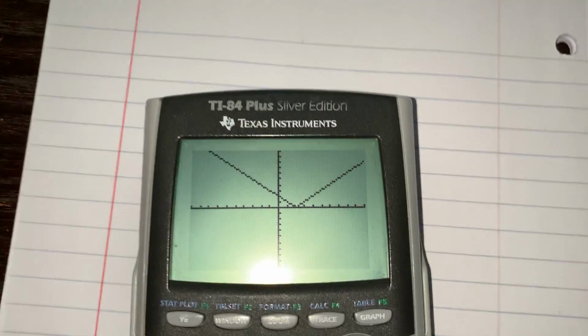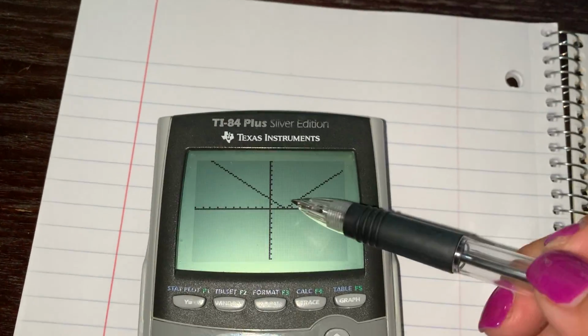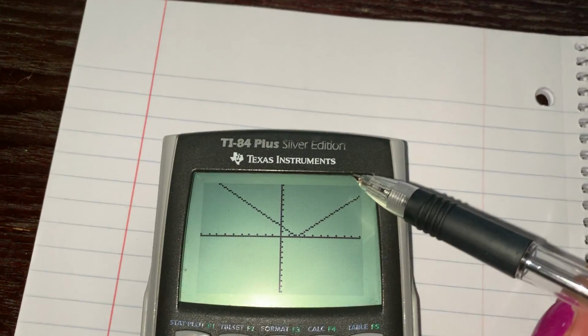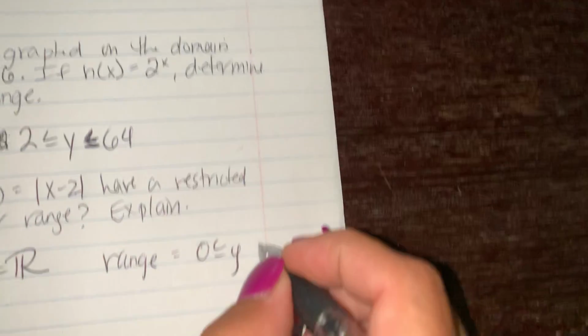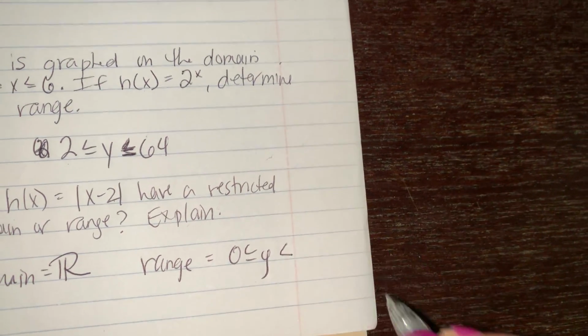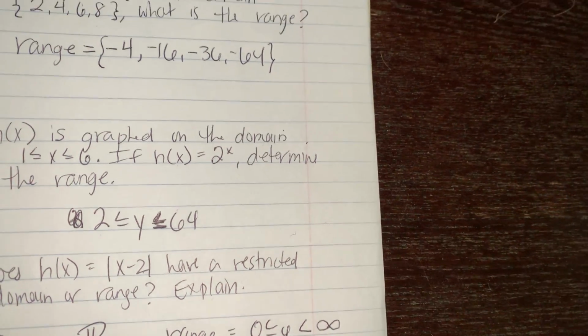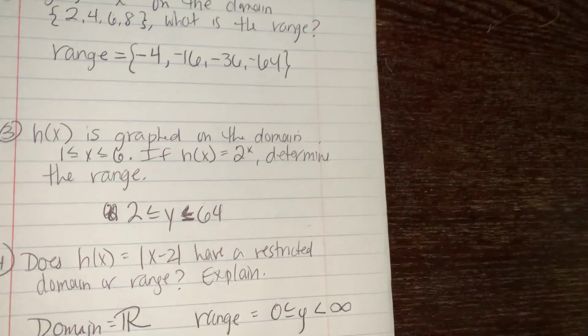And now, this graph is never going to end in the positive direction for the y's. It is going to infinity. So that means we have to make sure that we use just our less than symbol for infinity. And then we just put in our positive infinity. And this is our restricted range.